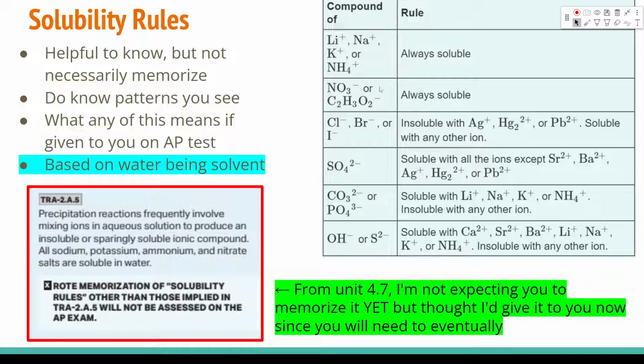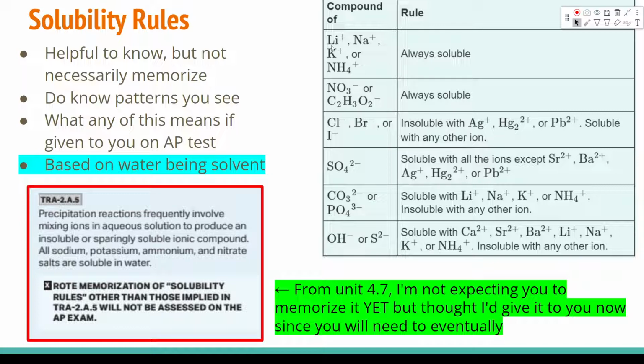And so you need to look at this chart and be able to use it, or any other chart. This is just a random chart I found online. And so as a reminder, what is even solubility, or what's soluble? Soluble means it dissolves in solution. And so anything that's always soluble is going to always be able to dissolve if it has this ion.